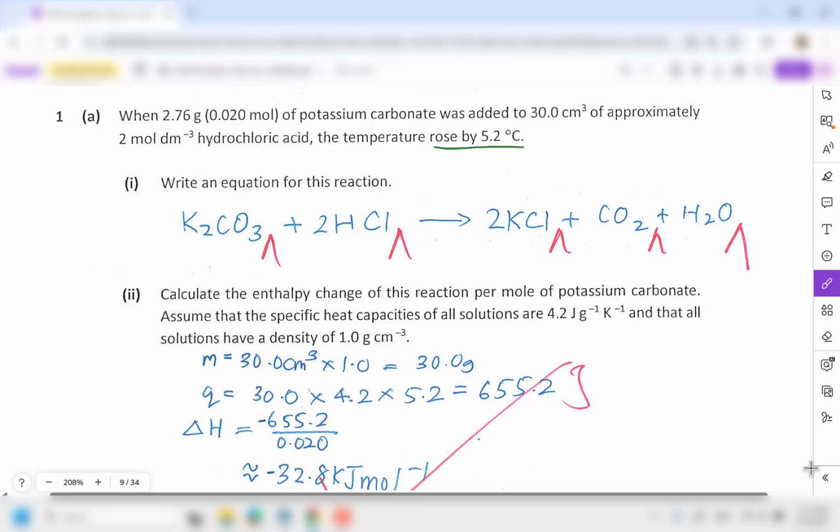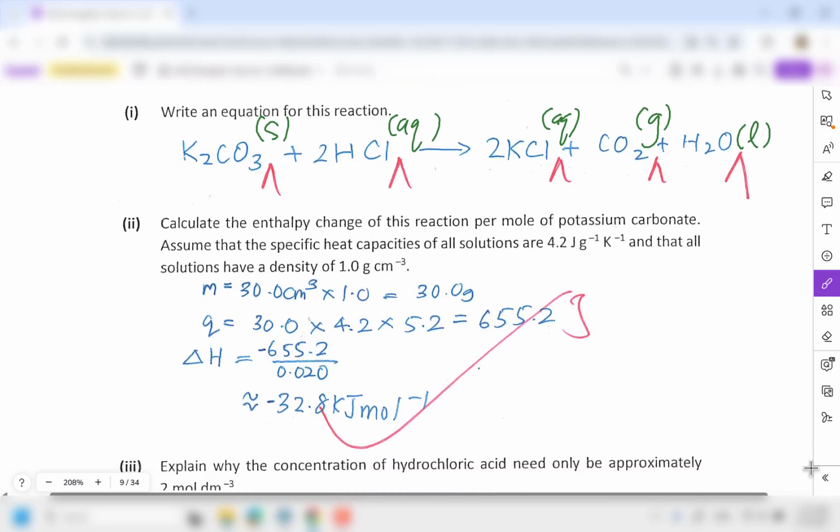That is crucial. You have to remember to include them. In this case, potassium carbonate, because they put it here in grams, will be solid. Hydrochloric acid is aqueous. KCl is aqueous. Carbon dioxide is gas, and water is liquid.